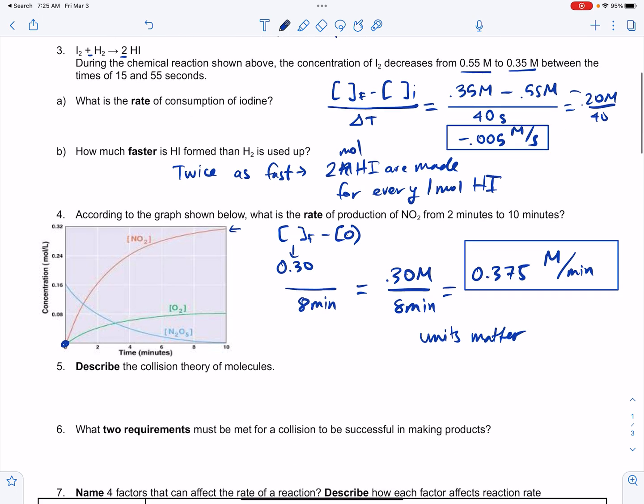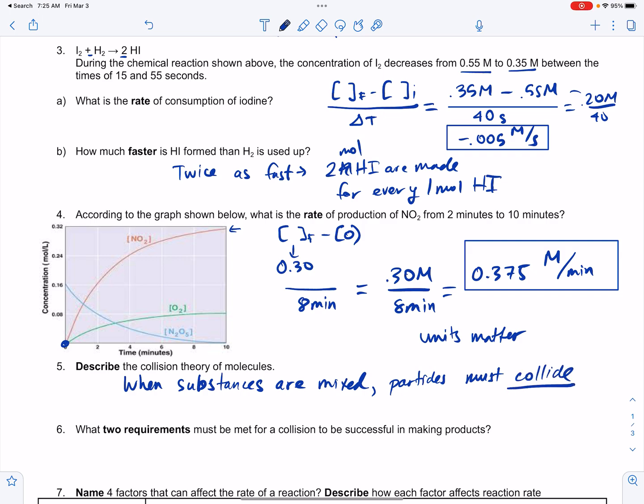Collision theory is when substances are mixed, particles must collide to form products.